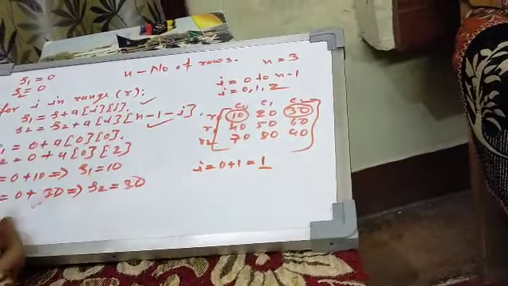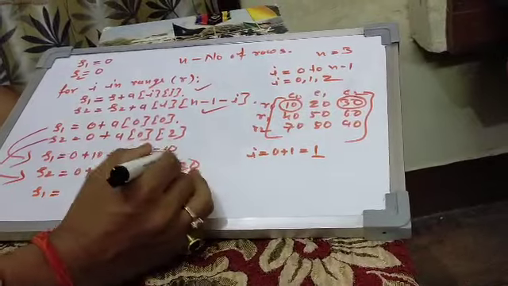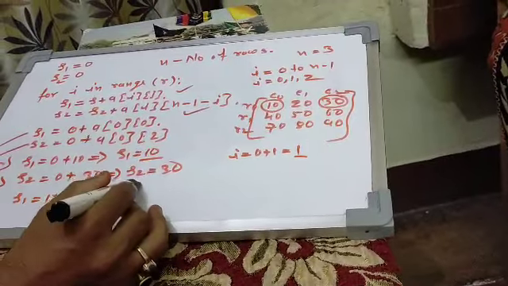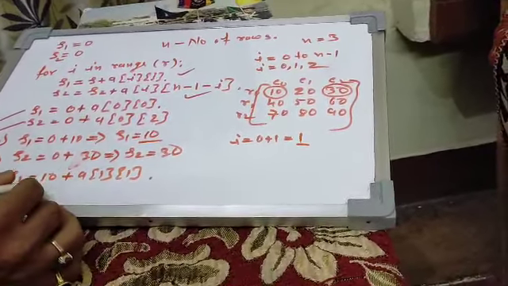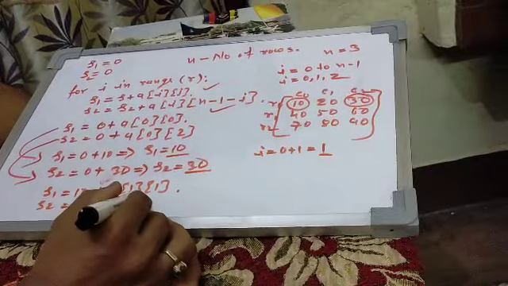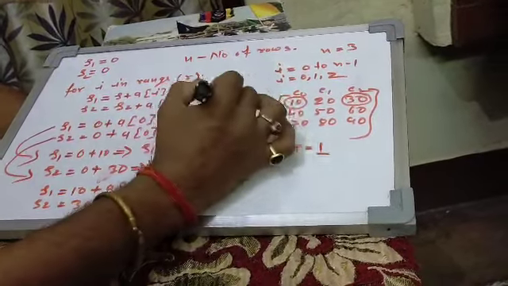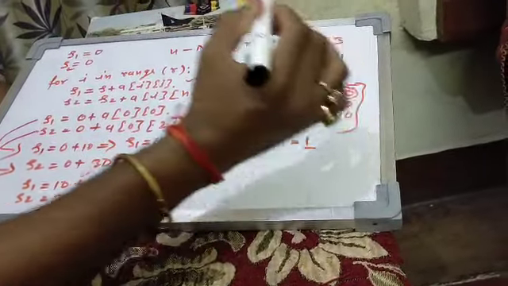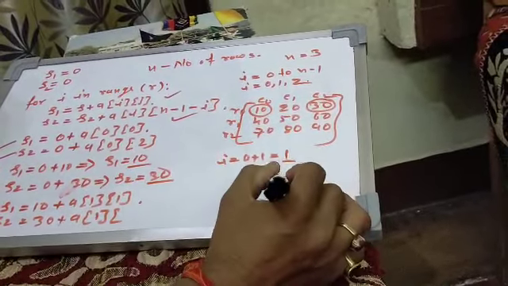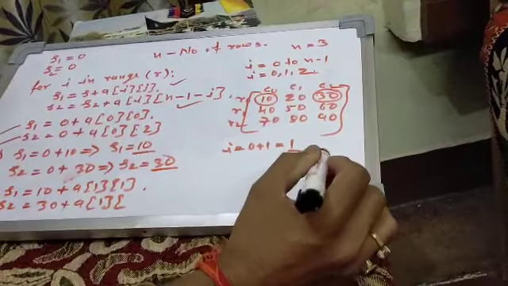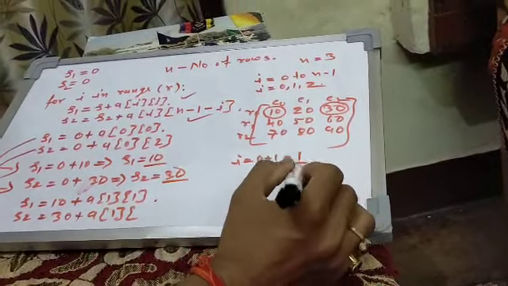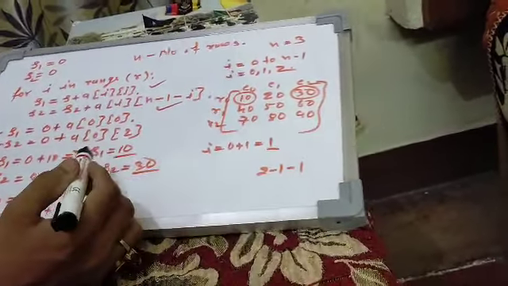So this time S1 is equal to, last time S1 was 10, 10 plus A 1, 1, and S2, last time S2 was 30, plus A 1 and n minus 1 minus I. n minus 1 is 2 and I is 1, means 2 minus 1.